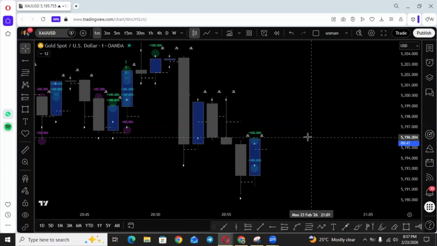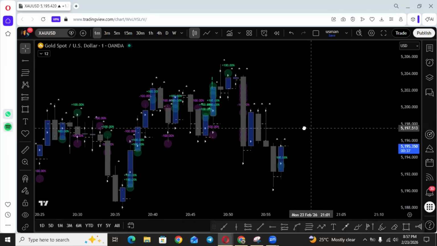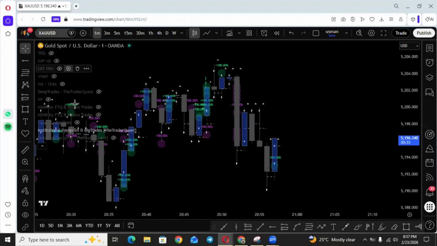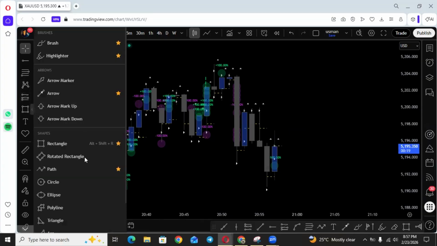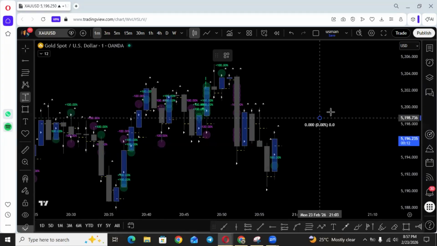Okay. So we only try to mark the areas where imbalance is more than 80%. It means that sometimes there are days in the market, let me show you.